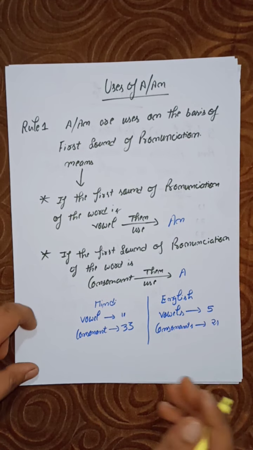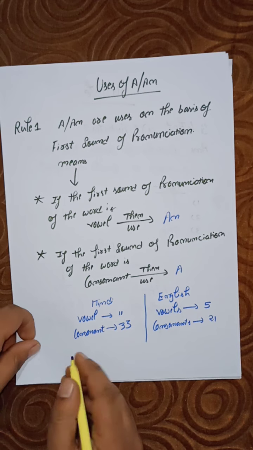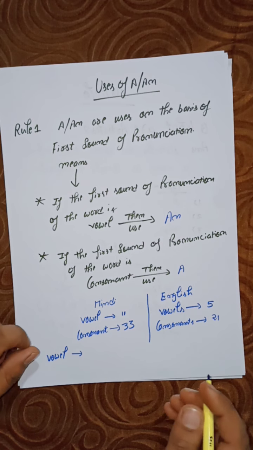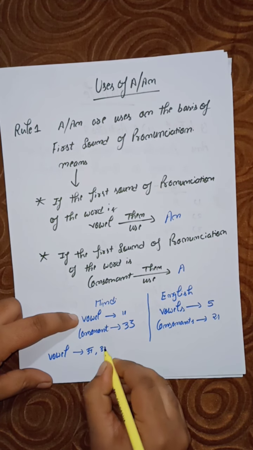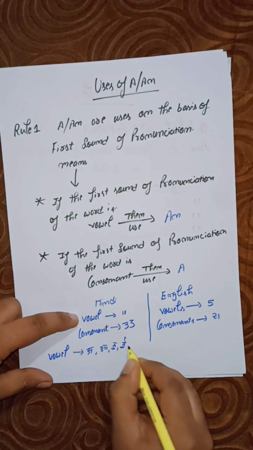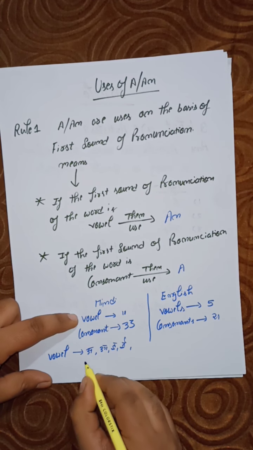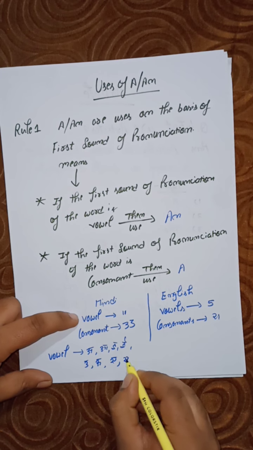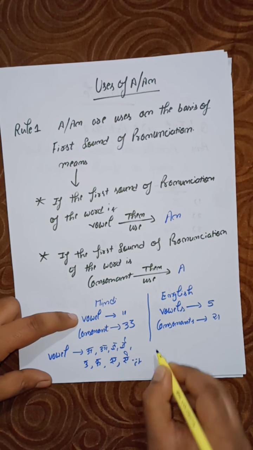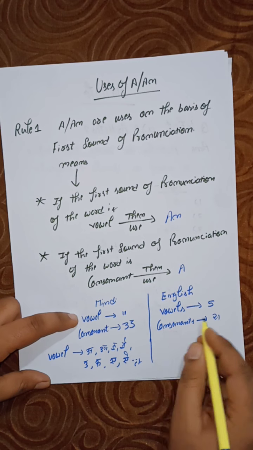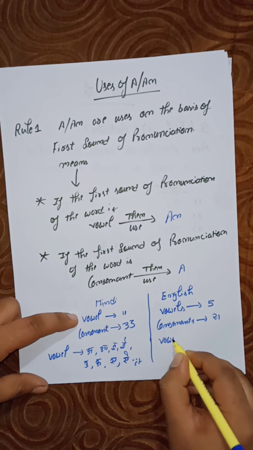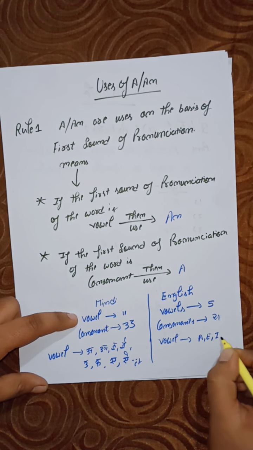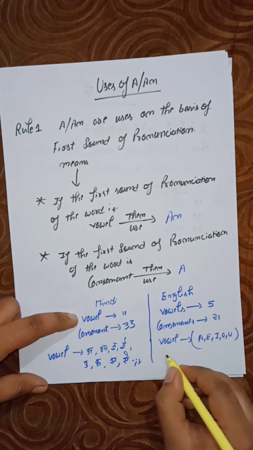Vowels in English are a, e, i, o, and u, and the remaining are consonants.